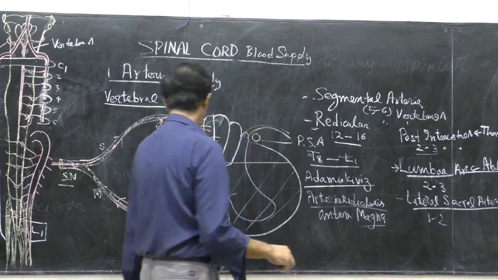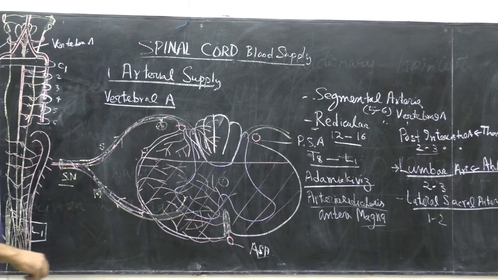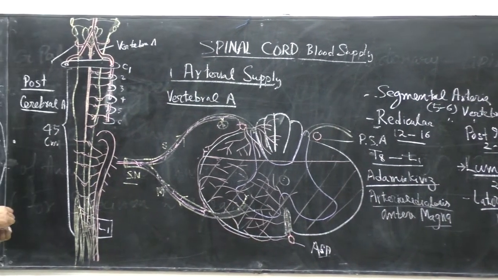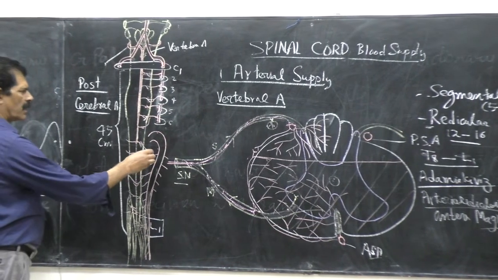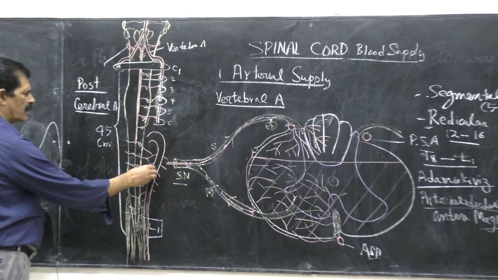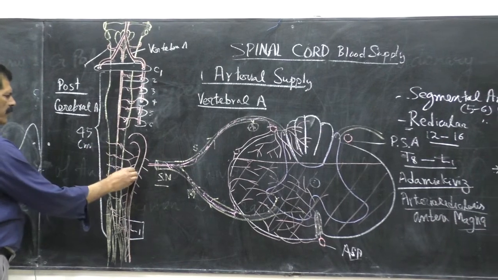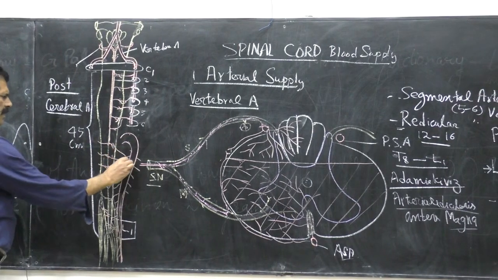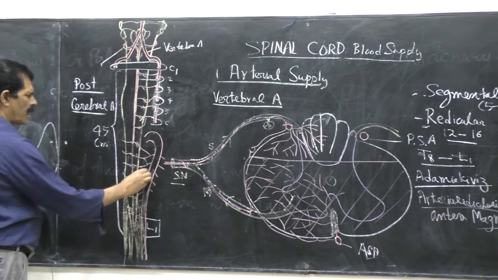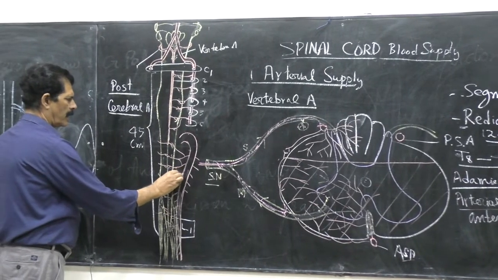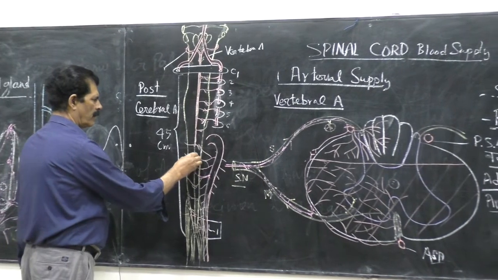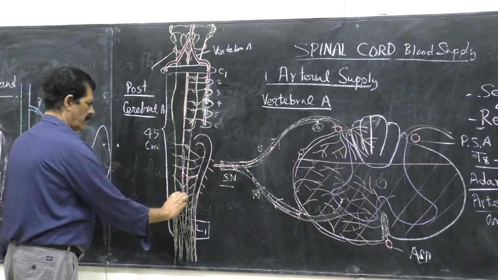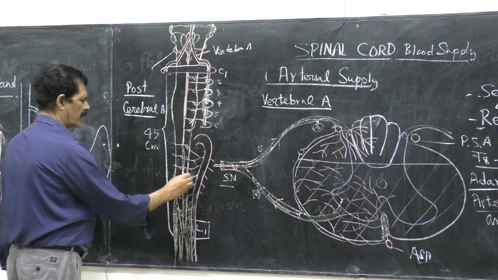So it is the largest contribution of the radicular artery, and it arises in the thoracic region from the right side of the thoracic aorta, and it is a large artery which supplies the spinal cord.